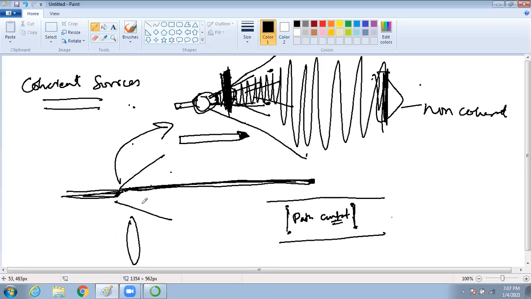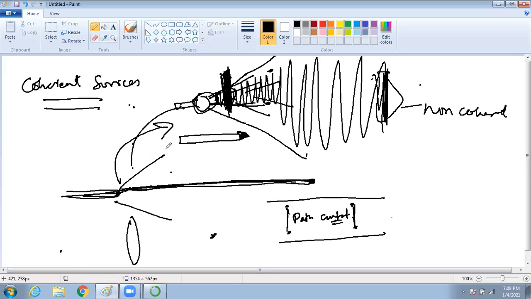Those lasers are so powerful that if you focus from here, a person in Vashi will see a single dot. If you focus that laser light on an eye, the pupil will go for a toss. So in comparison to a torch, this is a coherent source.